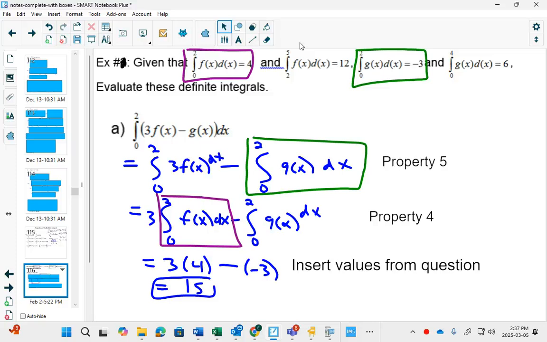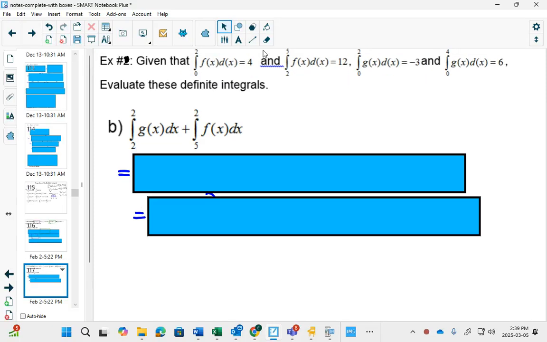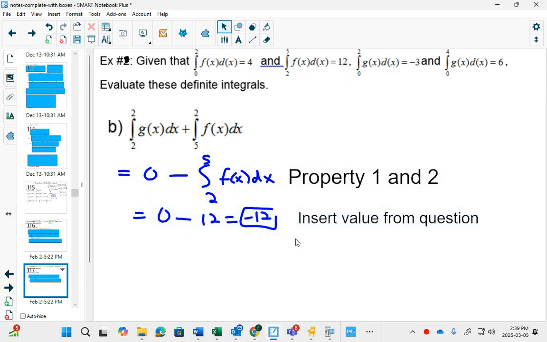So we use our properties, a little bit of manipulation, and get values. So try the next 4. They're kind of fun. I put up the answer for number 2 just so you could check it.